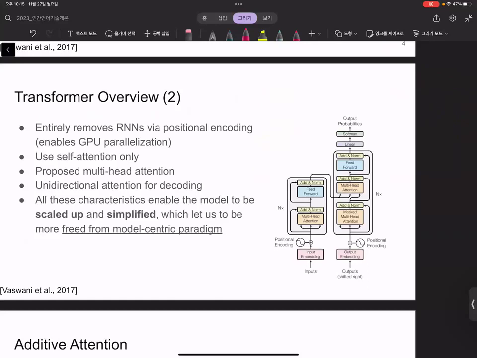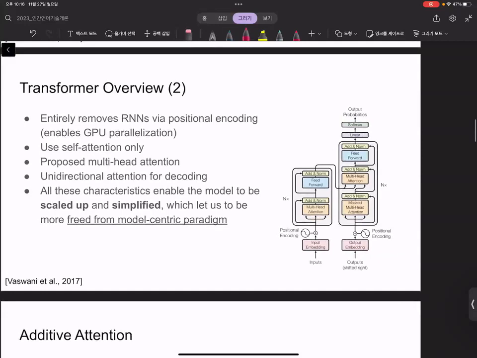This is the overview, the data pipeline of the transformer. There are no RNNs. Instead, they use positional encoding. Why?